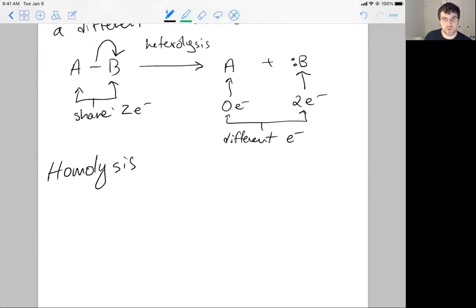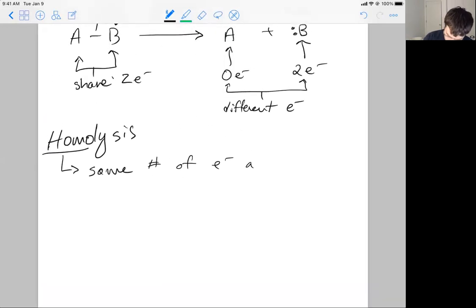In homolysis, we again see the suffix lysis, but instead of hetero, we have homo, which means same, and that implies the same number of electrons after breaking the bond.